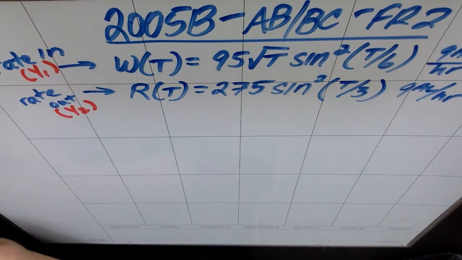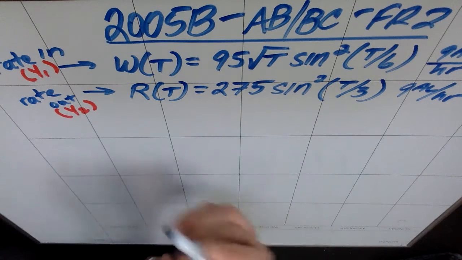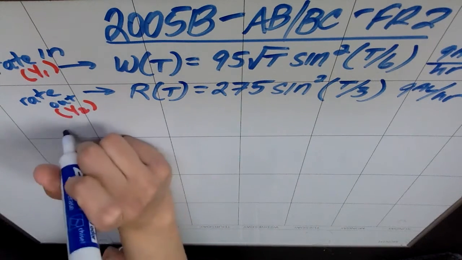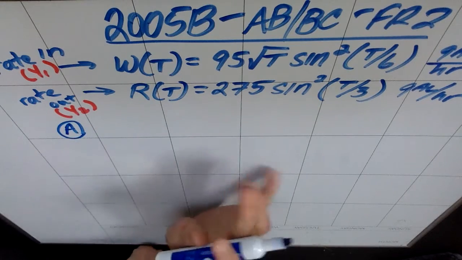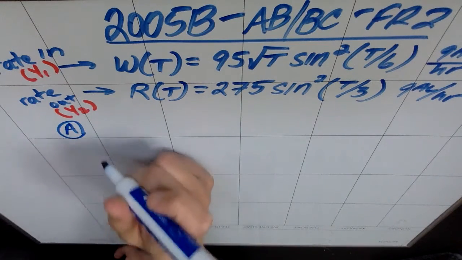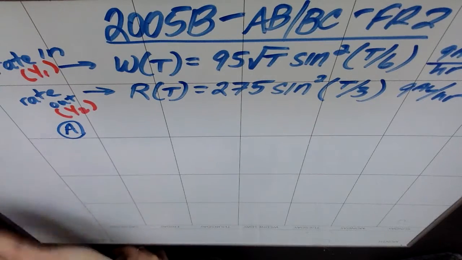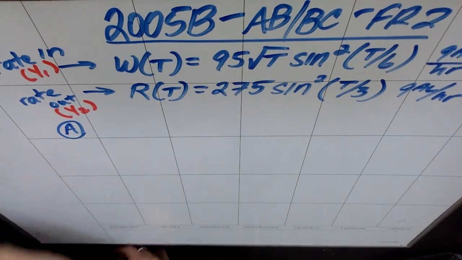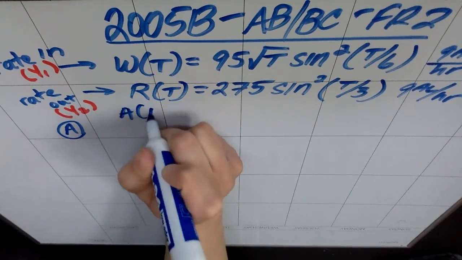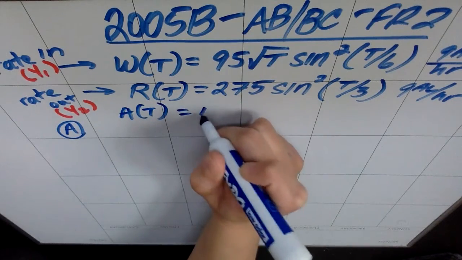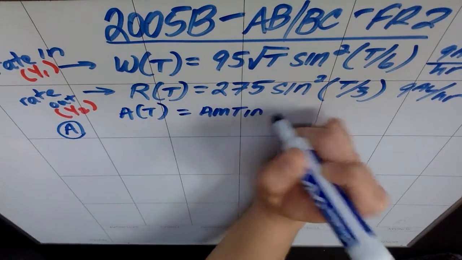All right, cool. Is the amount of water in the tank increasing at time t equals 15? Why or why not? Okay, part A. Remember that part of this is getting the logic behind it. If you want, you could call A of t the amount in the tank.